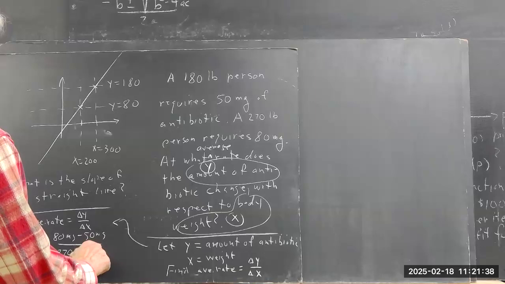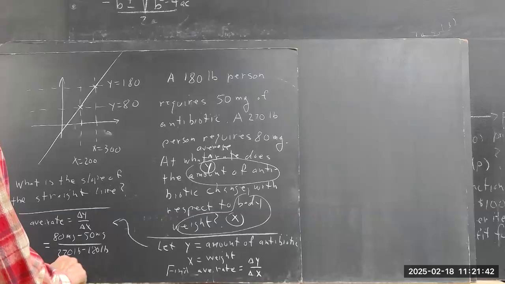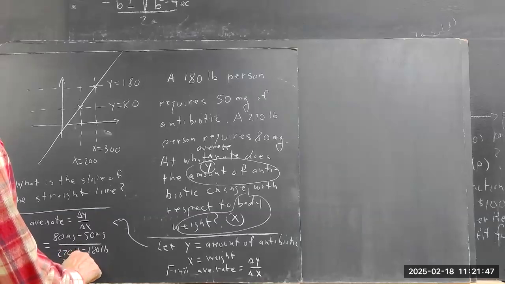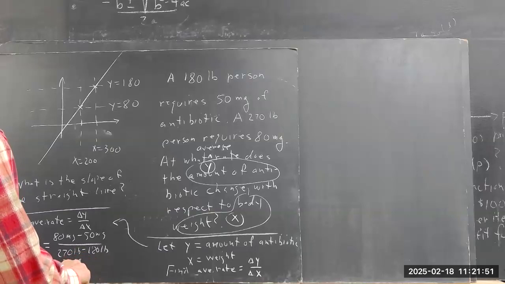The difference in body weight is 270 pounds minus 180 pounds. That equals 30 milligrams over 90 pounds.